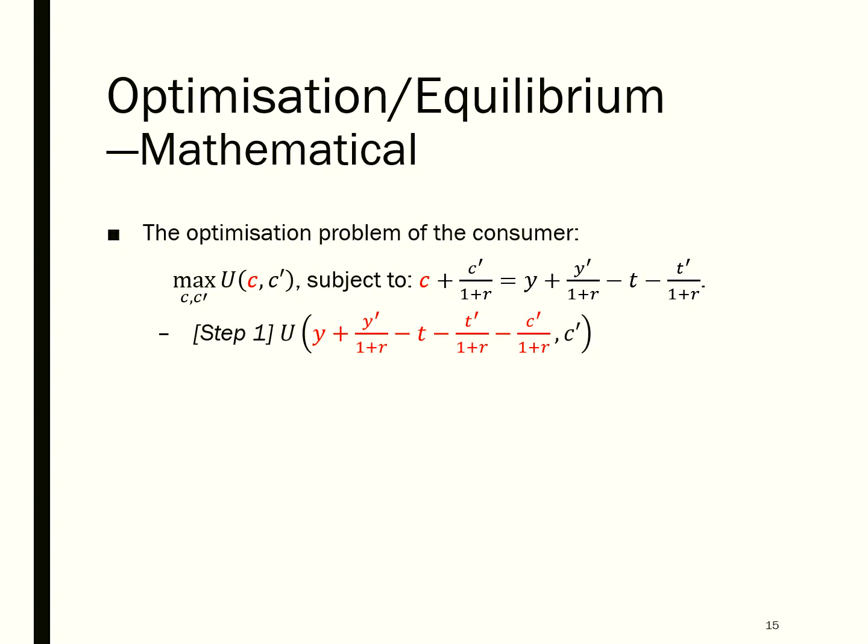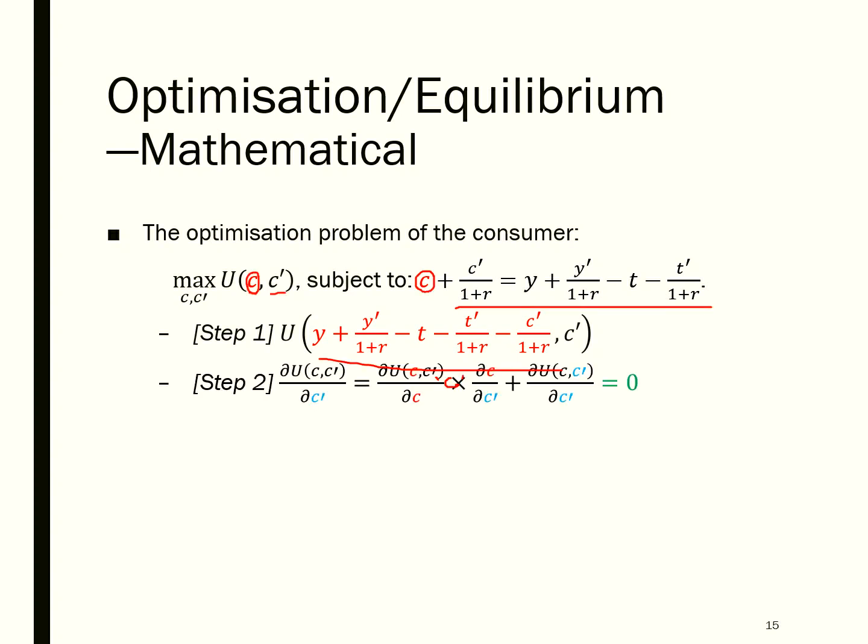Step 2, differentiation. When you take the derivative of the utility function, note that the utility function is a multivariate function. The utility depends on both C and C prime. If either C changes or C prime changes, the utility will change.